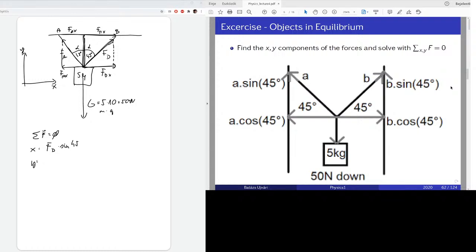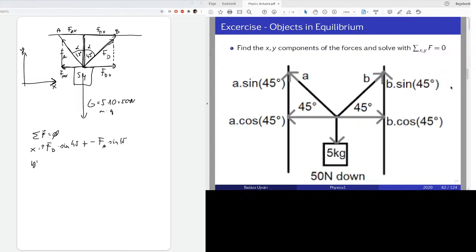So this is the opposite part of the triangle, and this is positive. If we say this is the positive x direction, which is signed by the arrow on the x-axis, it's a positive force, plus I have to add the FAX, but look at it, since this goes opposite to the x-axis, that will be minus FA times sinus 45.